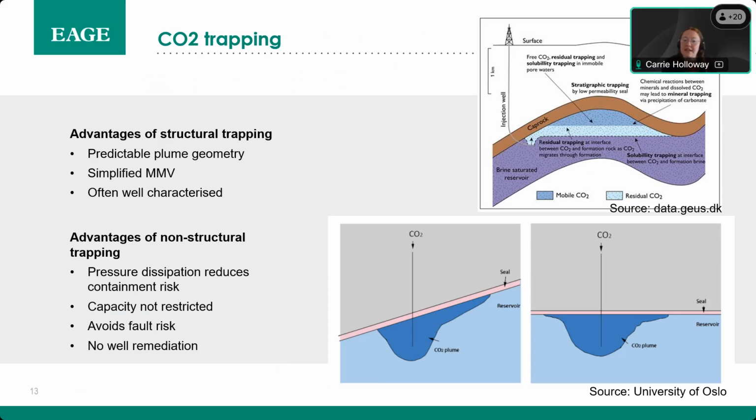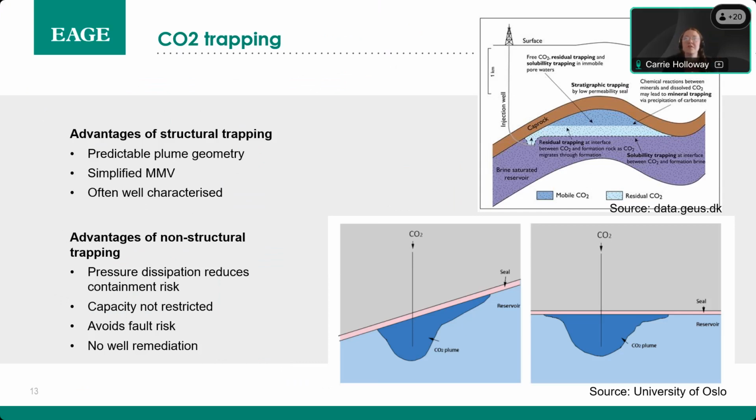Alternatively, you can inject CO2 where you have flat strata or slightly dipping strata with no structural control. The advantage of this is that when you inject the CO2, you have an open boundary, so the pressure can dissipate, which reduces the containment risk and can also increase the capacity.